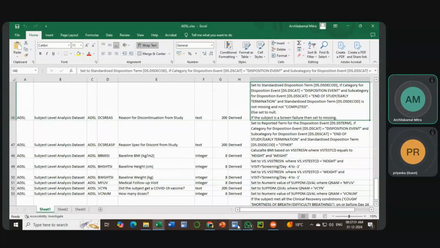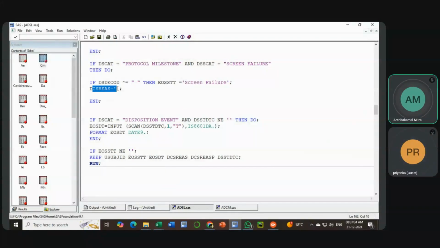That's exactly what we did. Then if disposition category is disposition event and DSSDT is not equal to null, then end of study date is input, scanned in ISO date format, and then we changed it to date9 format.